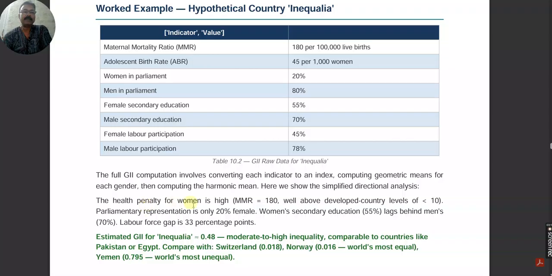The health penalty for women is high: MMR is 180, well above developed country levels of less than 10. Parliamentary representation is only 20% female.